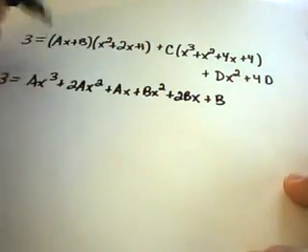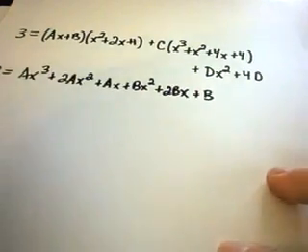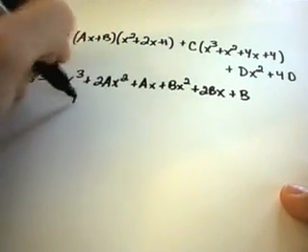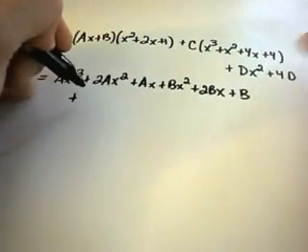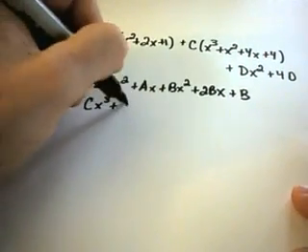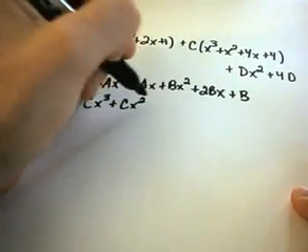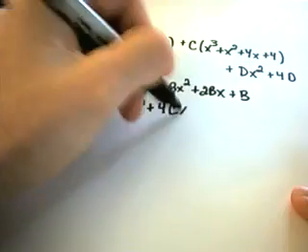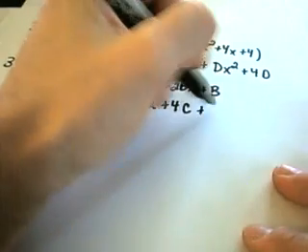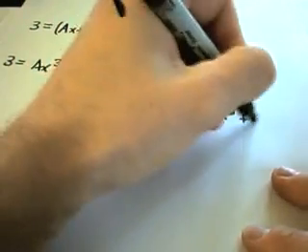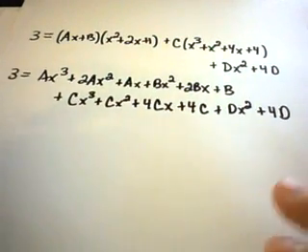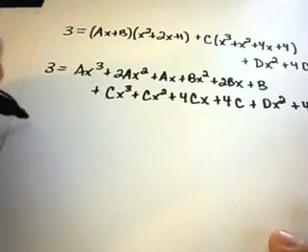So that's the first term all being multiplied out. And then, I'm already running out of room, so let me just squeeze it. So when I distribute the c, I'll get cx cubed plus cx squared plus 4cx plus 4c plus dx squared plus 4d. Yuck. Okay, so a lot of stuff.